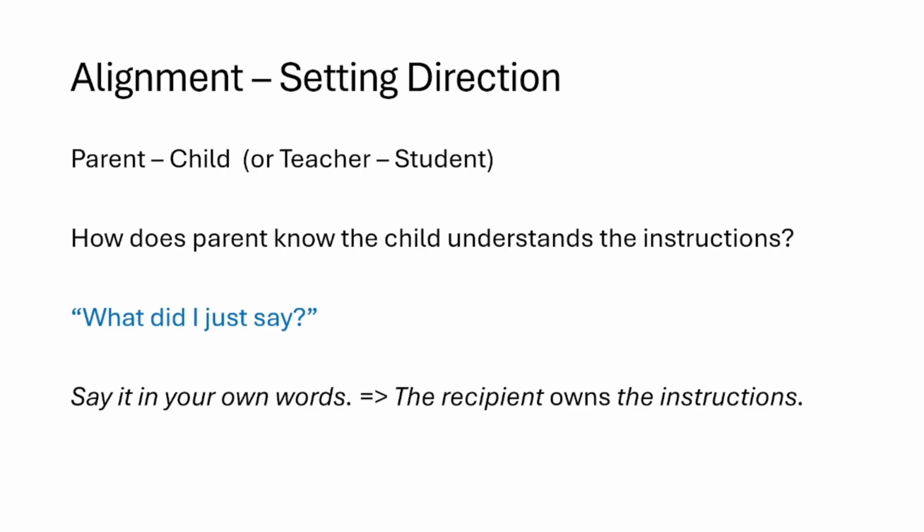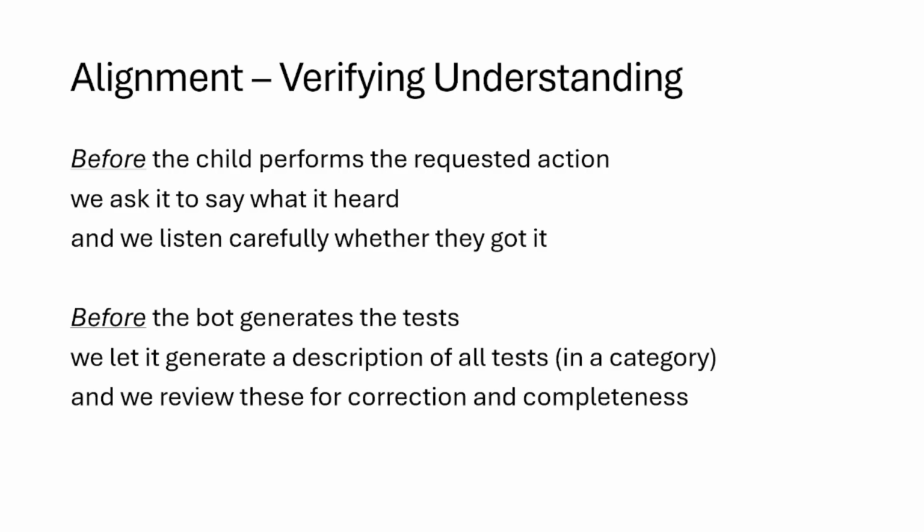And that has several advantages because the child then needs to make the instructions their own and can then be guided by them. But also, you can then check that these instructions are actually properly understood by the child.